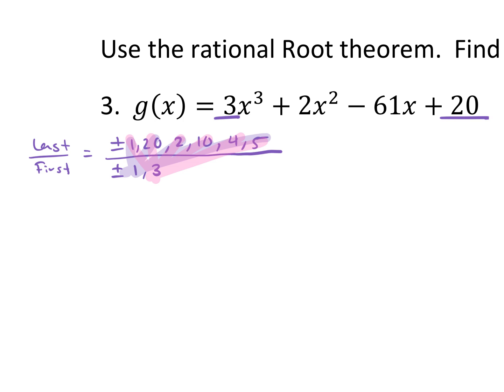Do synthetic division with the whole numbers. Try positive and negative 1, positive and negative 2, positive and negative 4. Break it down, and then at the end, factor, and one of your answers when you factor might be a fraction. So try the whole numbers first. That way you're not doing synthetic division with fractions.